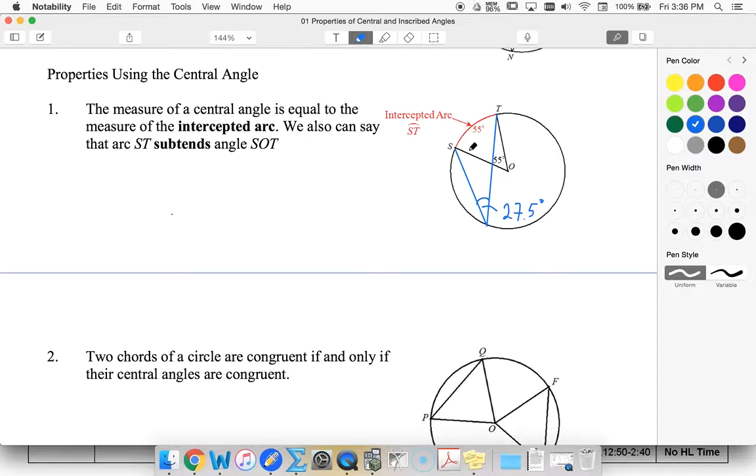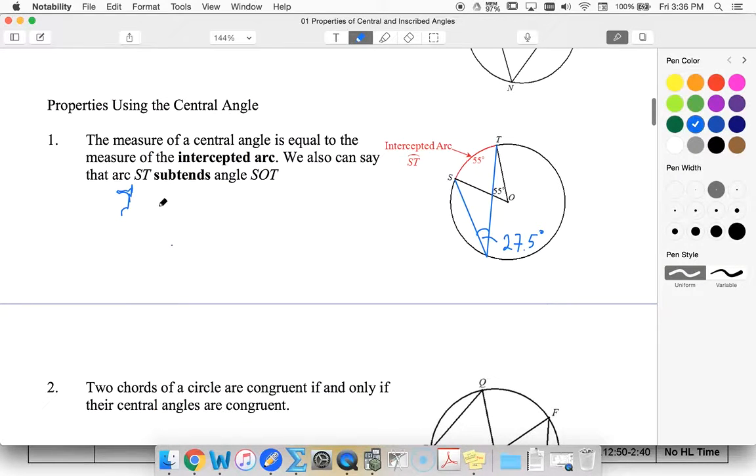So I could also say that this intercepted arc is going to be double the inscribed angle. So 2 times inscribed angle is equal to intercepted arc.